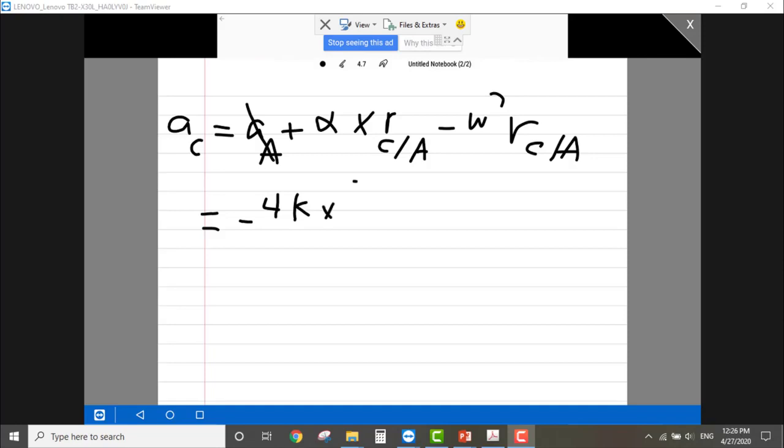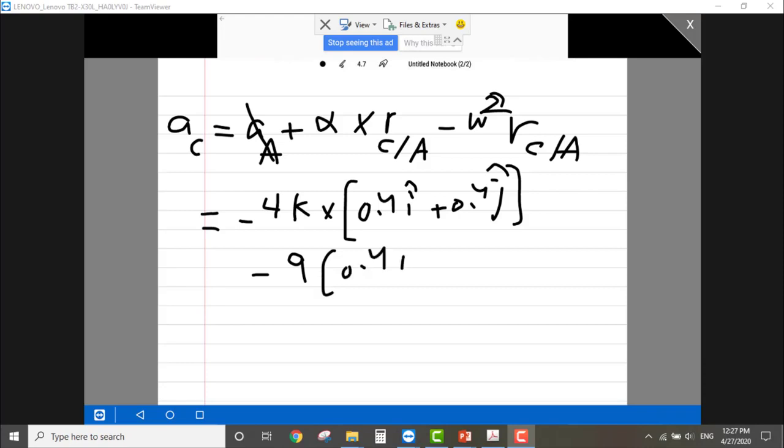Cross product, we travel from A to C as in the previous scenario, so we go 0.4 in the I direction and then 0.4 in the positive J direction. Minus omega, which is given to be 3, squared is 9, and no need to substitute direction because this is squared. Dot product 0.4 I plus 0.4 J.